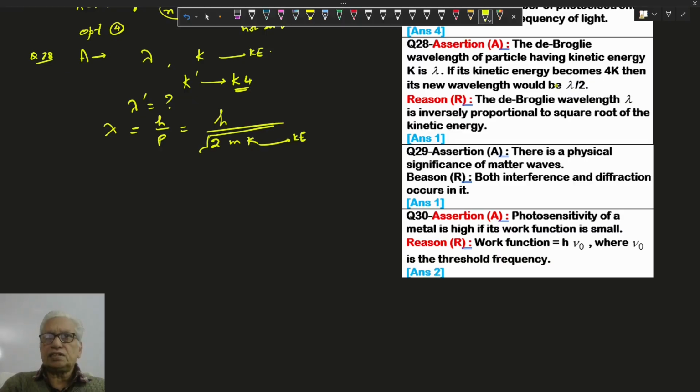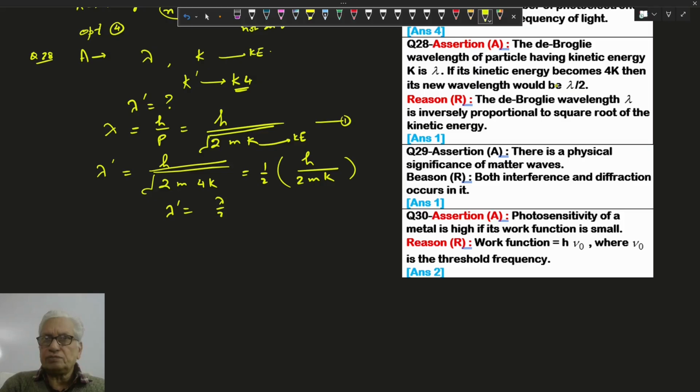If kinetic energy is K, wavelength is lambda. If kinetic energy increases 4 times, we can write 1 by root 4 times the same expression, which is lambda. So lambda dash will be lambda by 2. It means the assertion is correct.